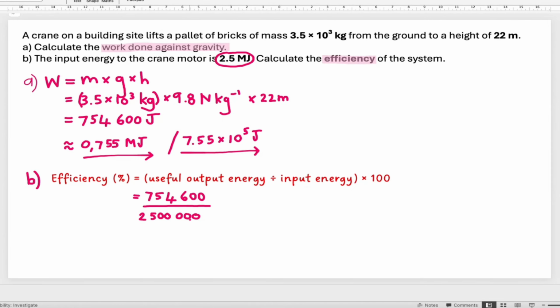And then we have to, of course, multiply this by 100. If you punch this into your calculator, you will get 30.184%. And if you round it, it will just be 30%.